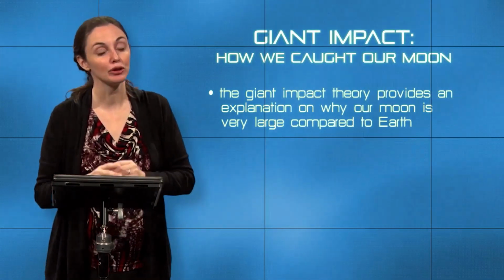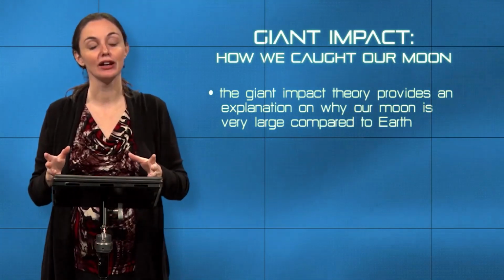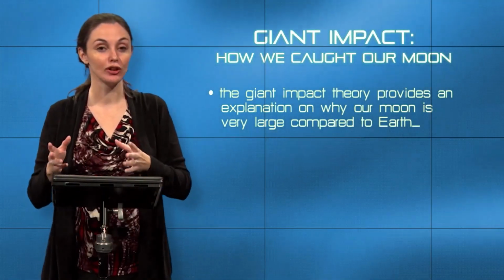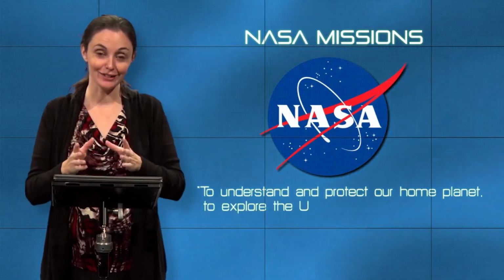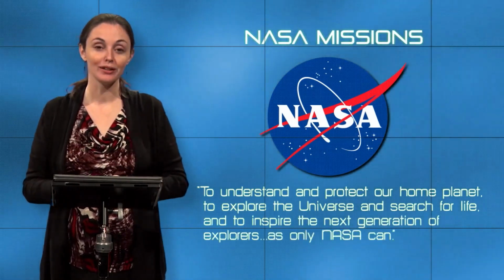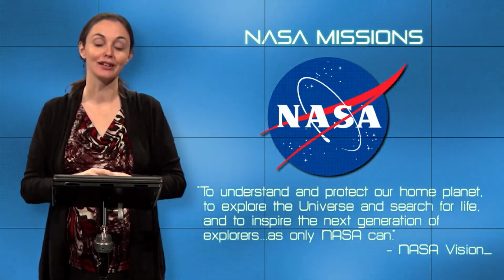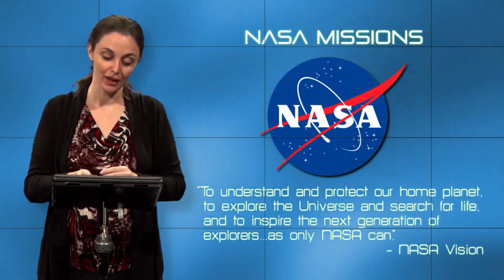The last thing that I want to briefly talk about here is the history of our explorations of the moon and the history of the NASA missions. Of course, this originated with the origin of NASA in the 1950s.